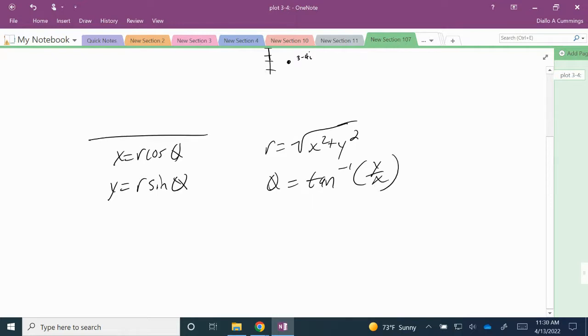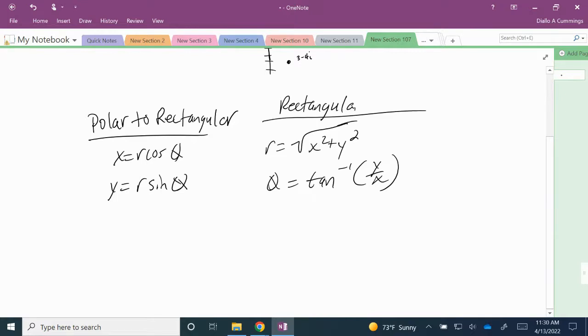We use this first set of formulas if we're converting from polar to rectangular. We use the second set of formulas if we're converting from rectangular to polar.